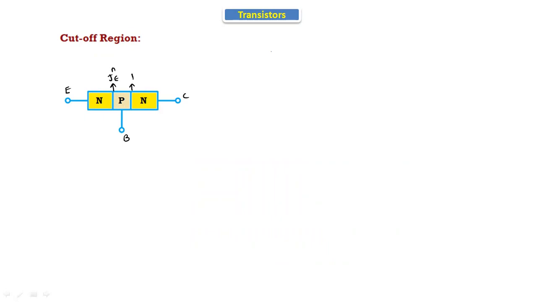If we take the cutoff region, in the cutoff region also, there is an emitter terminal, a base terminal, and a collector terminal. It has an emitter junction and a collector junction. In this, the emitter junction is reverse biased, and the collector junction is also reverse biased.